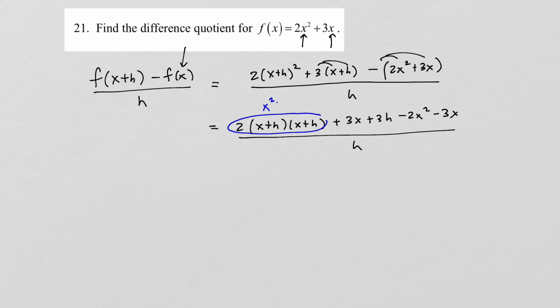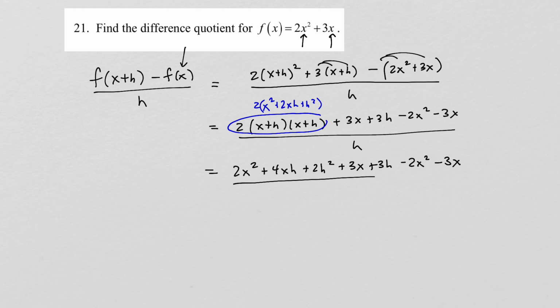So you get x squared plus 2xh plus h squared, and then it's also multiplied by 2. So that's going to be 2x squared plus 4xh plus 2h squared plus 3x plus 3h minus 2x squared minus 3x, all divided by h.